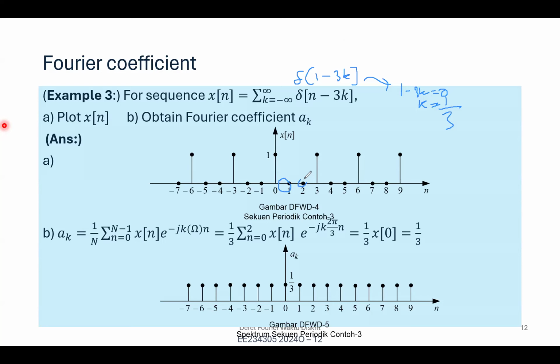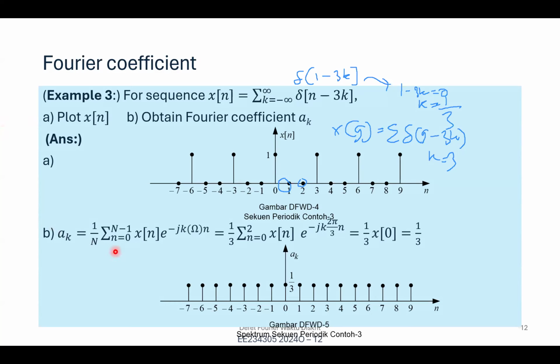Same for x2, and also for any x that's not a multiple of 3. So if x is, let's say, 9, we have an x9, right? So the delta is 9 minus 3k. For k equals 3, we have the value that's 1.